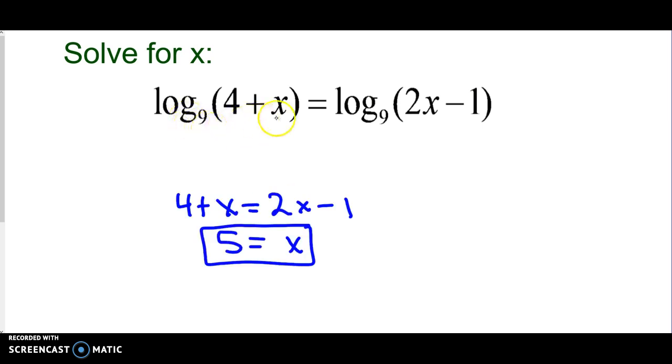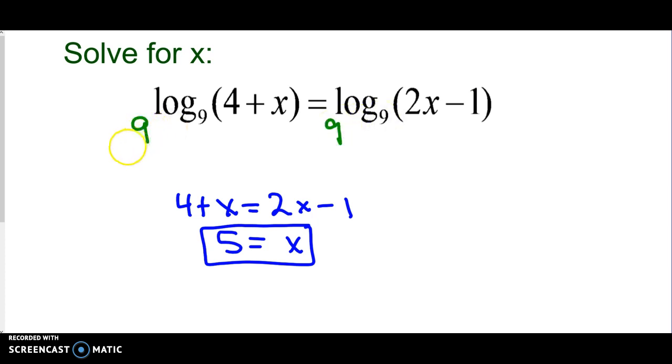Okay, so I have log base 9 of 4 plus x and log base 9 of 2x minus 1. Since these are both log base 9, it's not necessarily that they cancel. A lot of people just do this. Like, that's not actually what's happening. It's not like I'm dividing both sides by log base 9. What's actually happening in this problem that allows us to set these equal to each other is that we could put both sides to a base of 9.